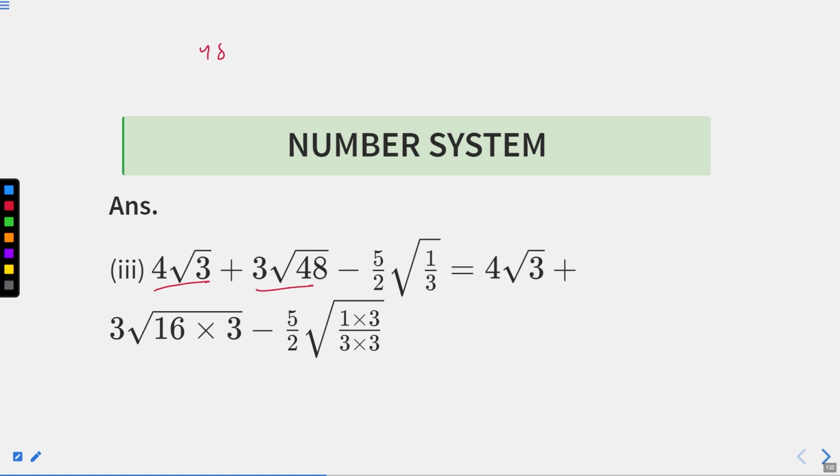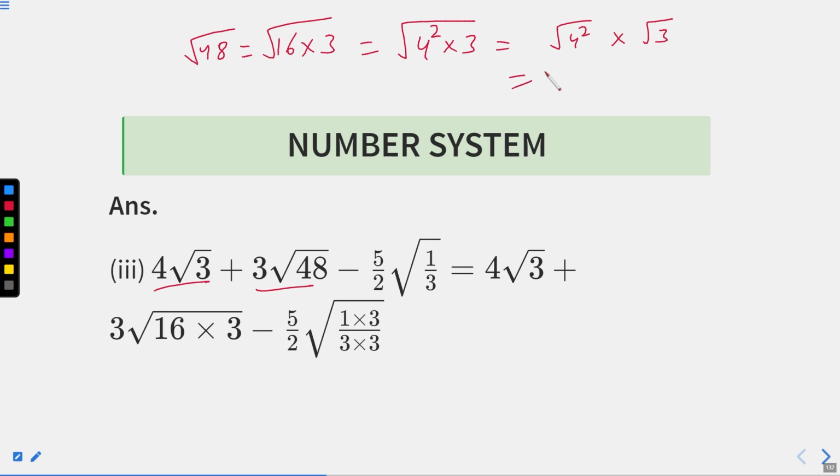We know 48 can be rewritten as 16 times 3, and 16 can be rewritten as 4 squared. So applying roots, I can break it down like square root of 4 squared times square root of 3, and using the property that the nth root of a^n is a, the square root of 4 squared is 4.